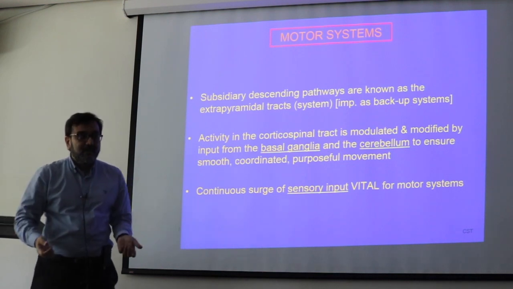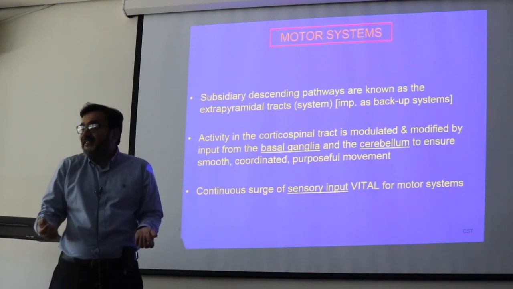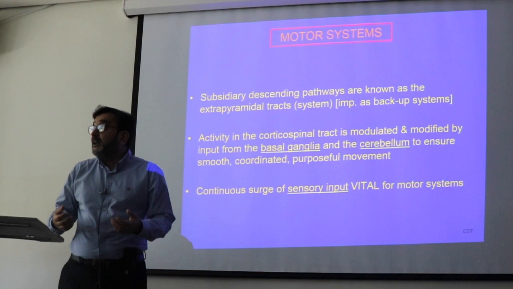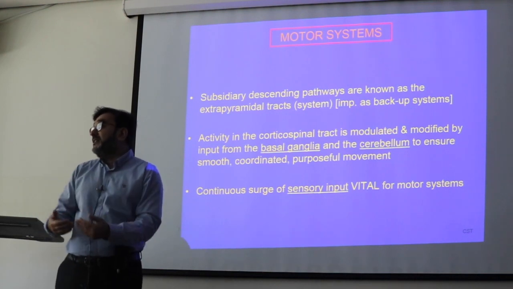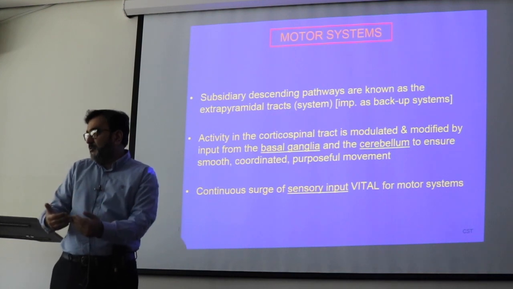When you see these patients, they have difficulty in moving, they are rigid, and they shuffle in the gait, and this is a hypokinetic disorder. That means it is very difficult to start any movement.